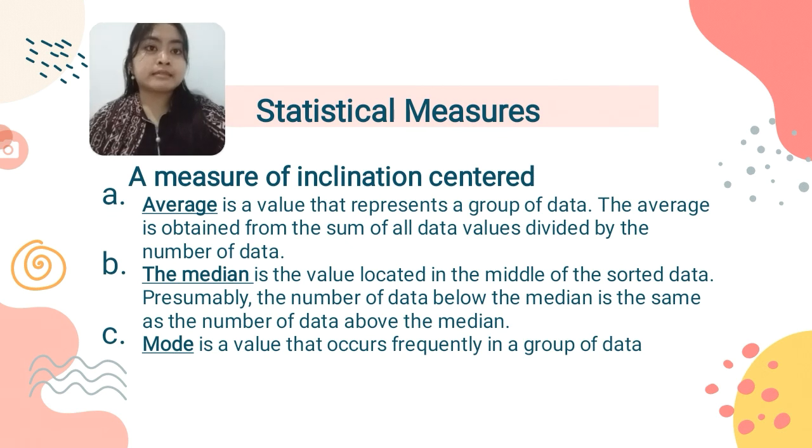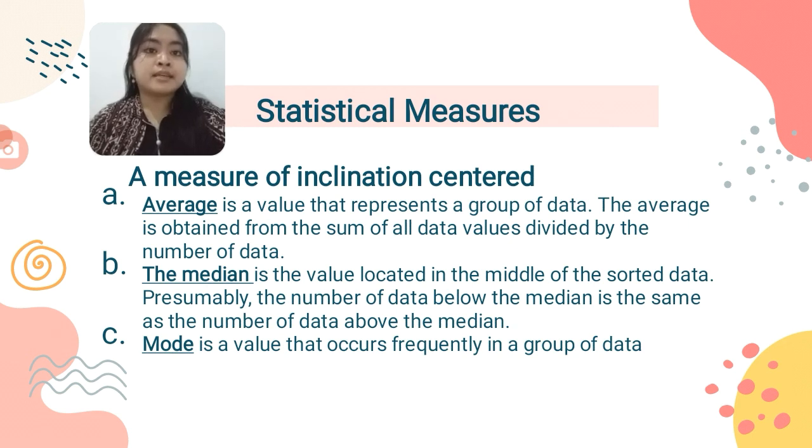The next statistical measure, a measure of central tendency. A, average. Average is a value that represents a group of data. The average is obtained from the sum of all data values divided by the number of data.